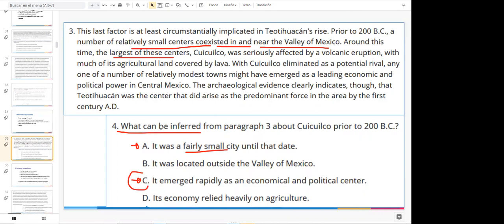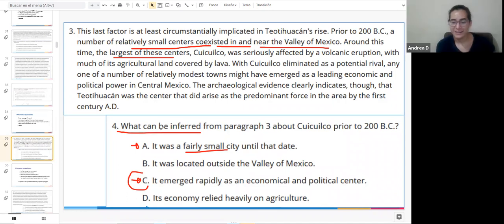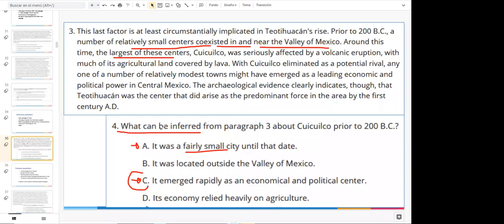Well, maybe I can try. Okay. Because after the band, it says that it emerged as a leading economic and political power in central Mexico. So after that event, we can say that it emerged rapidly as an economic and political center.